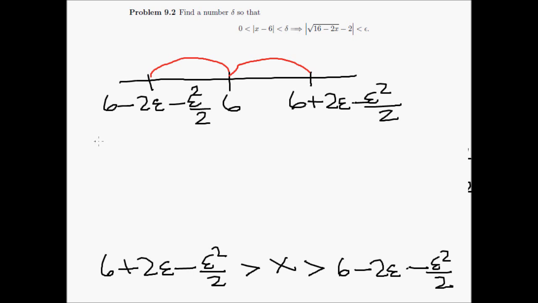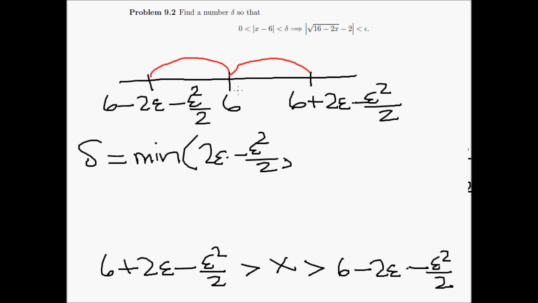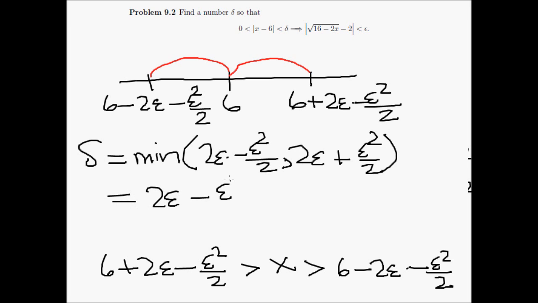So delta will be equal to the smaller of, well, this distance here is clearly 2 epsilon minus epsilon squared over 2. And the distance if I take 6 minus this thing, I would get 2 epsilon plus epsilon squared over 2. And here it's pretty clear which one is smallest. It'll be 2 epsilon minus epsilon squared over 2. So that's going to be the delta.